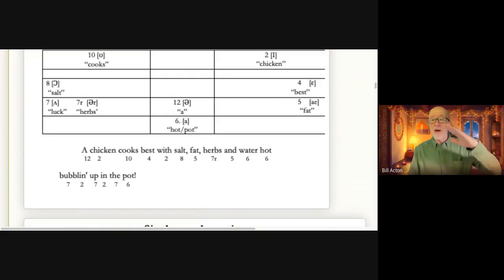Notice I use water hot. Just switch both hands. You could do both in the same hand. Then bubbling up in the pot. Do that line again. Sorry, I screwed that one up. All right. Bubbling up in the pot. So 7-2, 7-2, 7-6.